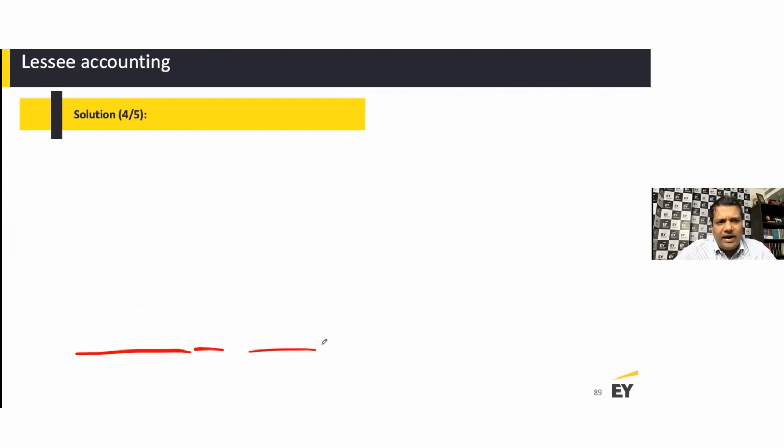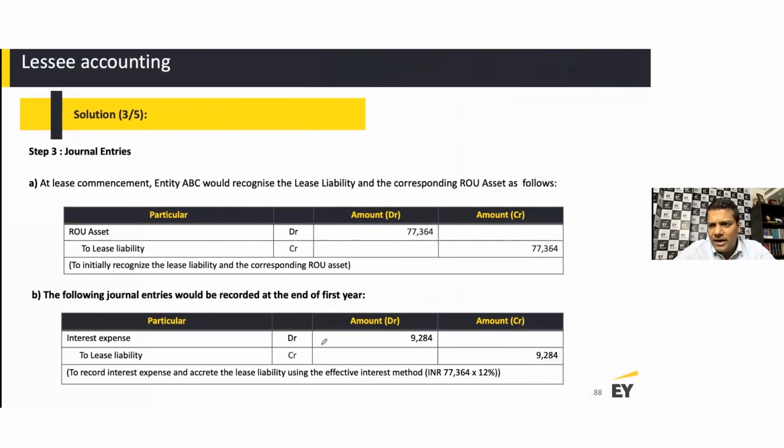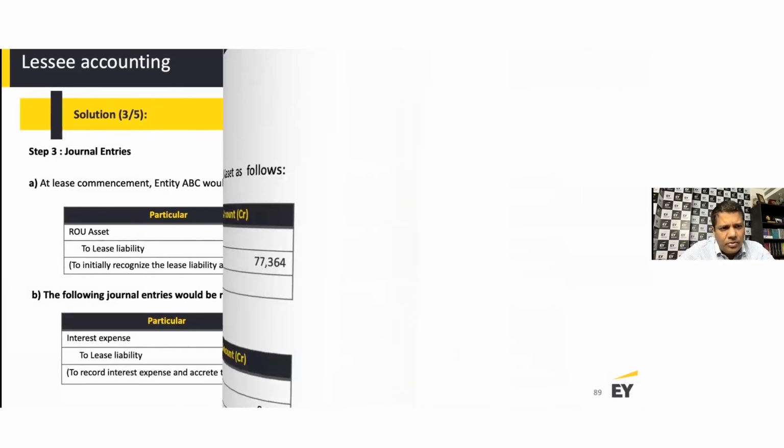So again, I'll go back to just help you understand year one, right? What am I doing? I'm recording the ROU asset 77,364 and ROU liability 77,364. Okay. Then I am recording the interest, which is my year one interest. That's an interest expense, and I'm going to increase the lease liability by that amount.